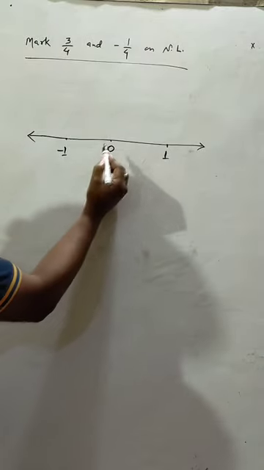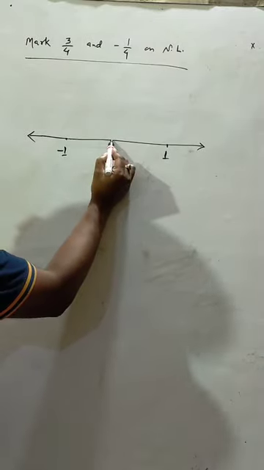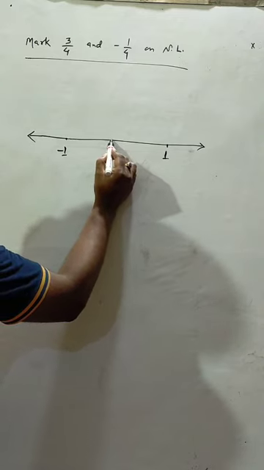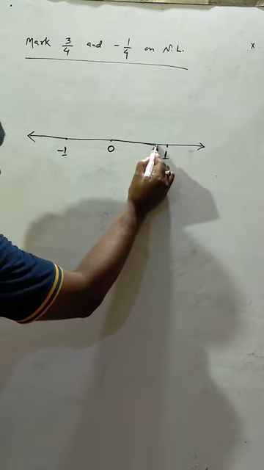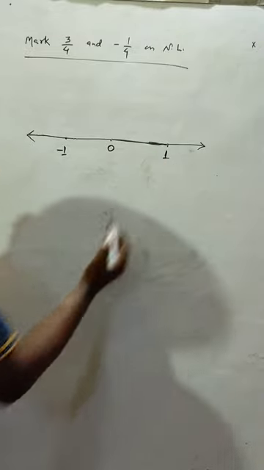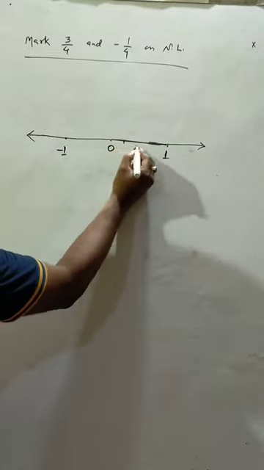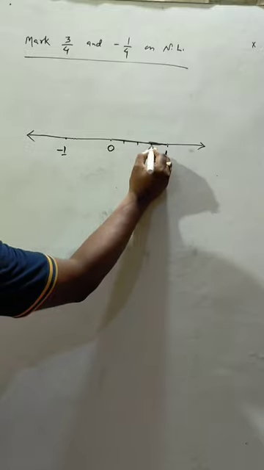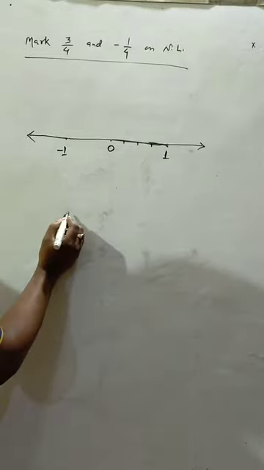This is 3 by 4. That means we will divide the portion from 0 to 1 into 4 equal parts. 1, 2, 3, and this one is 4.